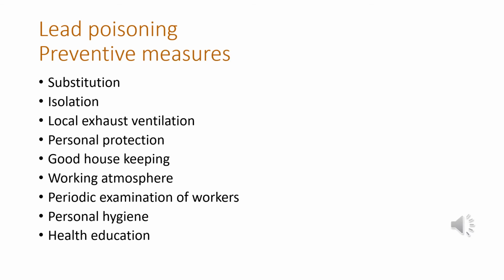So what are various preventive measures that can be undertaken for prevention of lead poisoning? These include substitution, where materials containing lead are substituted with less toxic materials. The processes involving lead in manufacturing or industry can be isolated from the rest of the processes.